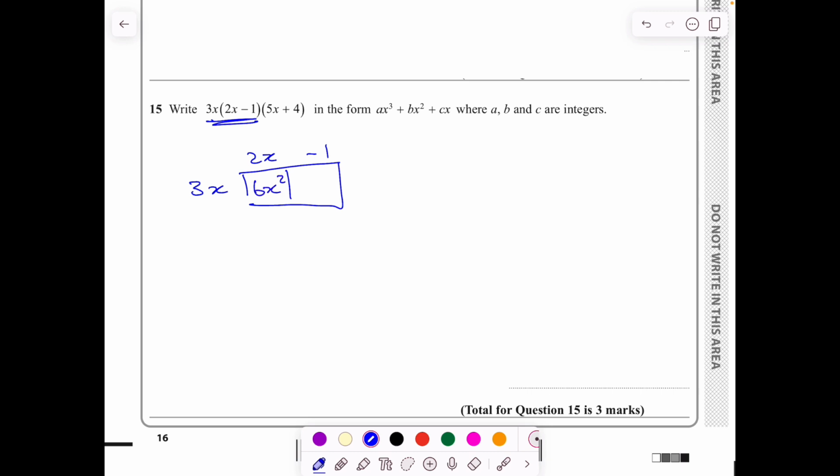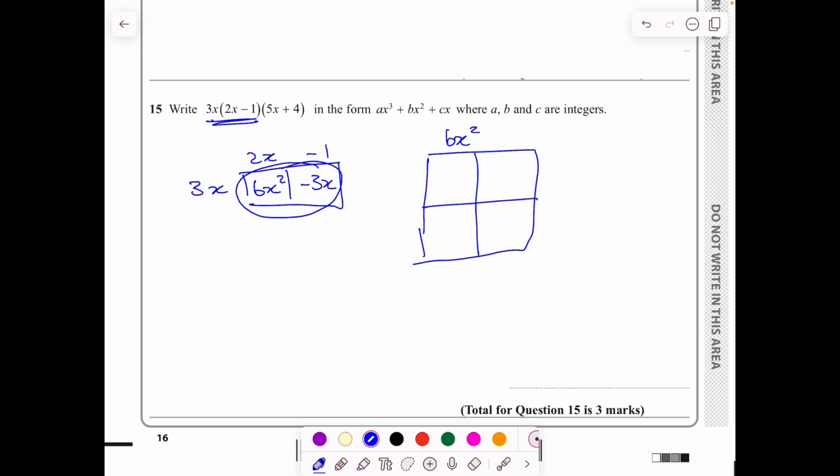And 3x times minus 1 is minus 3x. Now I take this answer and I'm going to multiply it by the last bracket. So I'm going to take 6x squared minus 3x and multiply it by 5x plus 4.